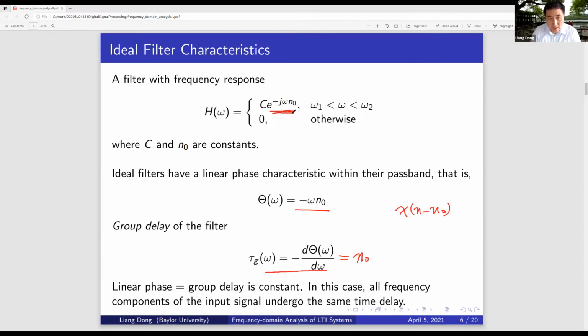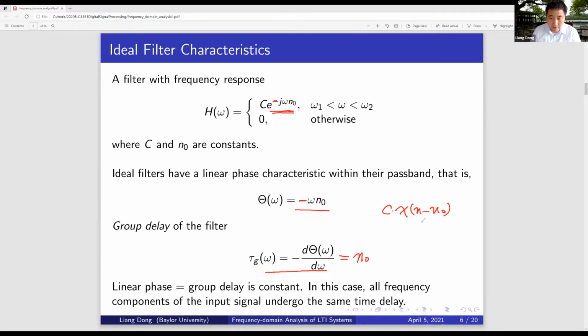If the input goes through this ideal filter, we will have a delay. It's a causal system, so you have a delay. I'm not going to get a signal from the future. I don't have that capability. I have a causal, rational system. So you have a delay with a positive n0. Therefore, we put a negative sign in the phase and a positive sign when we define the group delay. And of course, going through the system, I also have a constant C.